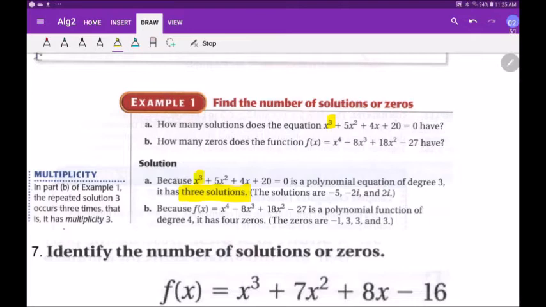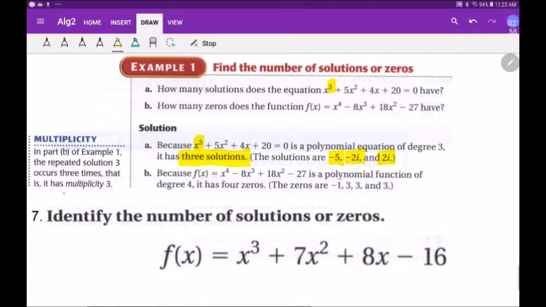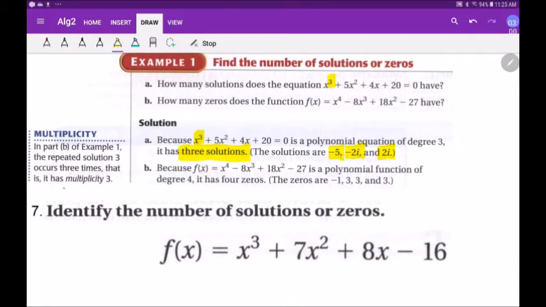And the solutions are 1 real and 2 imaginary, okay? Which I might get from the quadratic formula. And then this is x to the fourth, so I know there's 4 zeros. And they're all real, but get this, one of them gets repeated 3 times, so it only seems like 2.